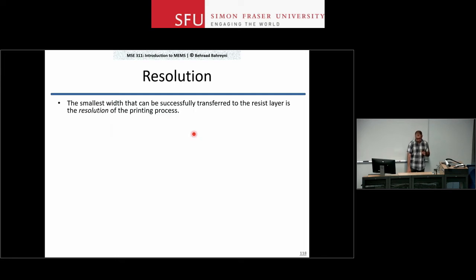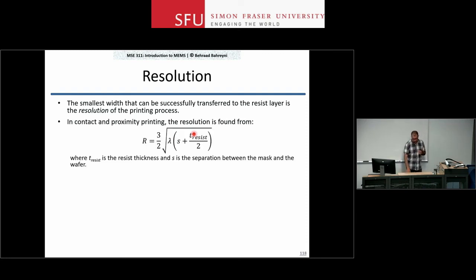Now, in terms of resolution that you get out of these processes, you can basically know by now that by using one of those 3 different techniques, we can get different resolutions. For proximity and contact printing, the formula that gives you the resolution is relatively simple and straightforward to understand.